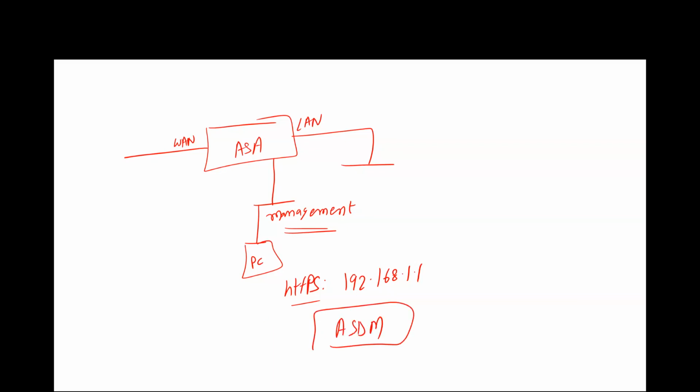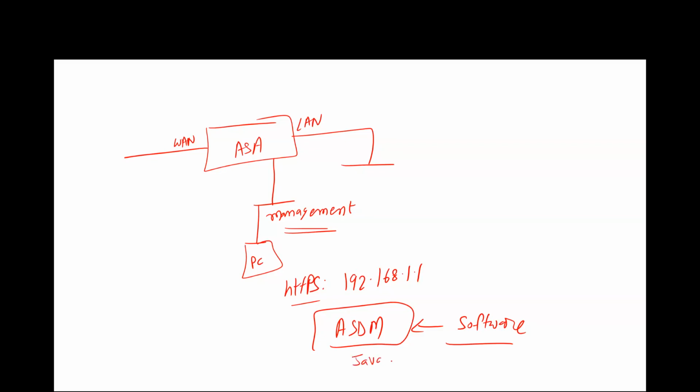ASDM is the software using which you are going to do all the Cisco ASA configurations.